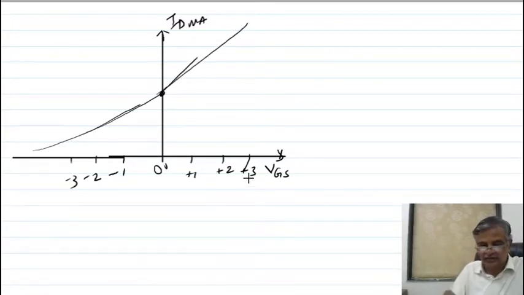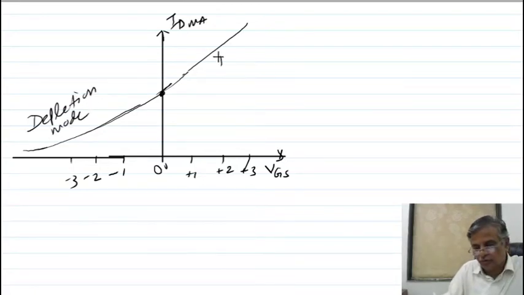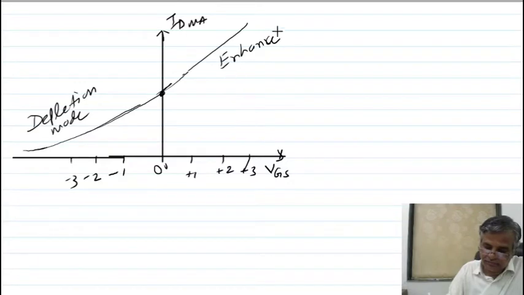As we increase this VGS positively, current will increase. So this is called depletion mode, and this is enhancement mode.